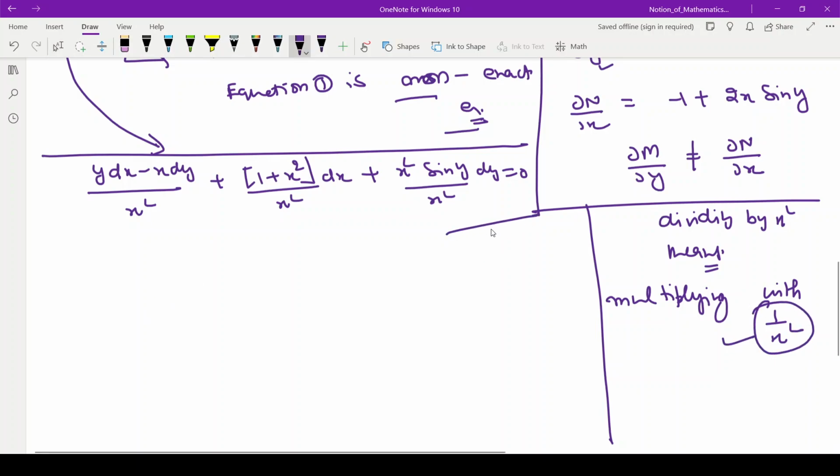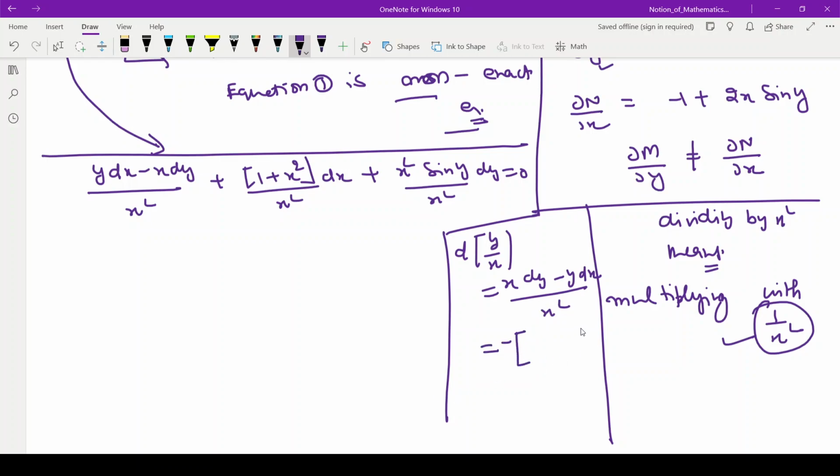Students, if you remember, I have told you that d of (y by x) is (x dy minus y dx) upon x square. If I take the minus term common, like minus of (y dx minus x dy) upon x square, what is obtained here is actually d of (y by x).